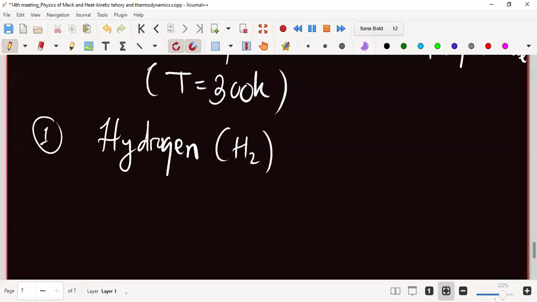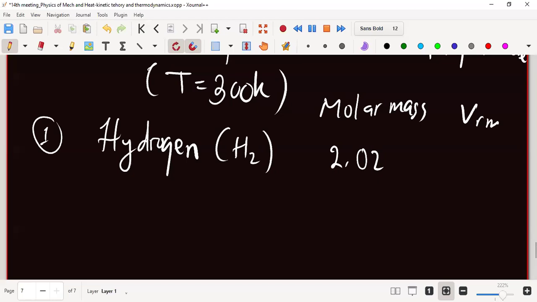The molar mass is 2.2 grams per mole. So the VRMS is around 1020 meters per second.